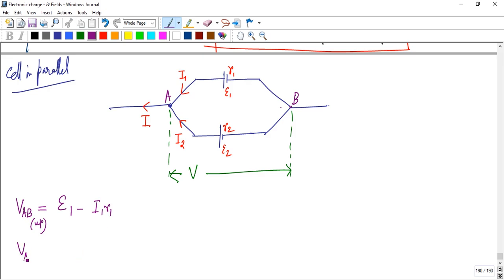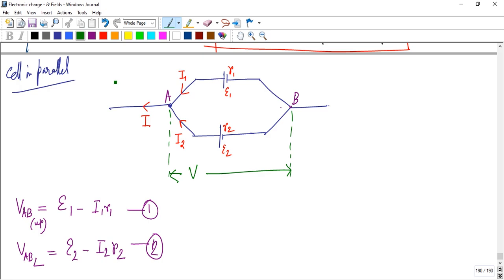So VAB from lower part, that is EMF2 minus I2 R2. Okay, now give these two equations numbers 1 and 2. So here the potential is the same, but the current is different. In parallel, the current is different here.